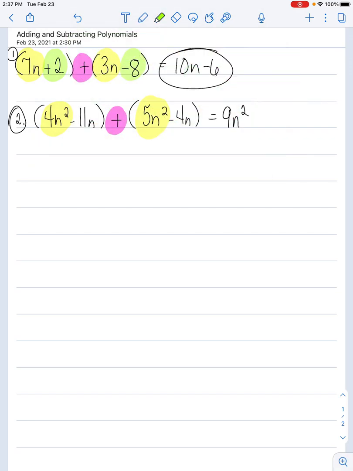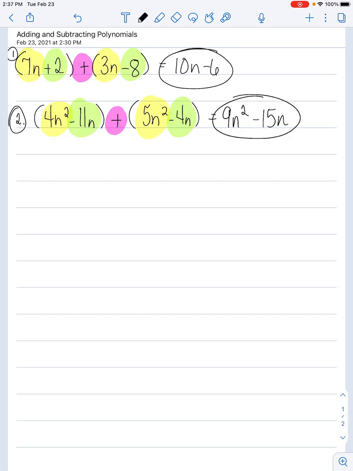And then I look at negative 11n minus 4n. Same sign, so I add the numbers. And you can type that straight in the calculator. Negative 11 minus 4 is negative 15, and n is what made them alike. So your simplified expression or polynomial is 9n squared minus 15n.